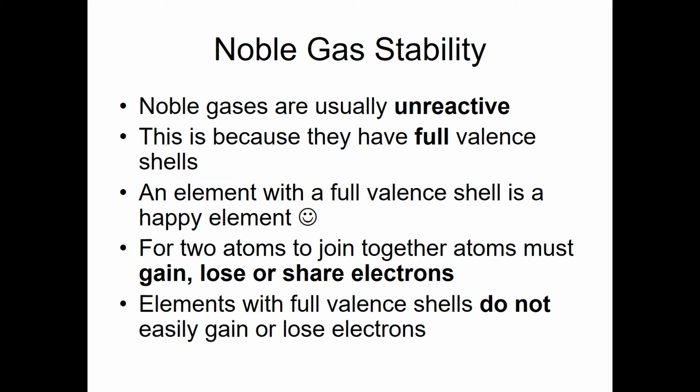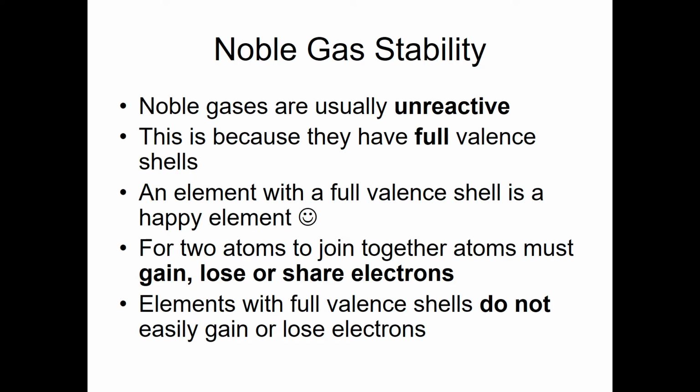Noble gases are usually unreactive. This is because they have a, and here's this word again, full valence shell. And an element with a full valence shell is a happy element. For two atoms to join together, they must gain, lose, or share electrons in order to complete a full valence shell.